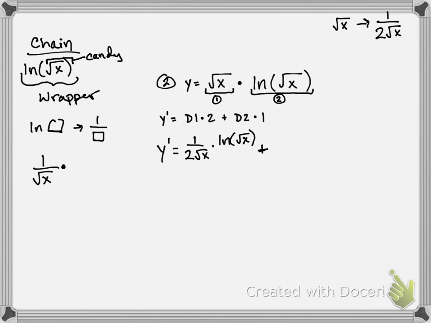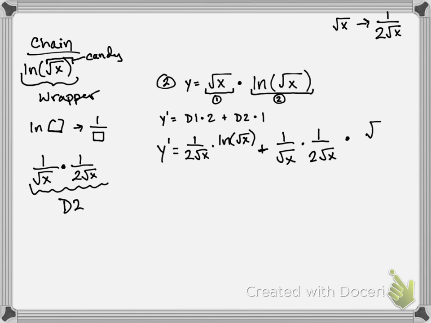Well, we already have the derivative of the candy, square root of x, so that's 1 over 2 square root of x. Y'all see that? So this is my D2 part right here. That's D2. So this is 1 over square root of x times 1 over 2 square root of x. Now we need to times it by just 1, just square root of x.